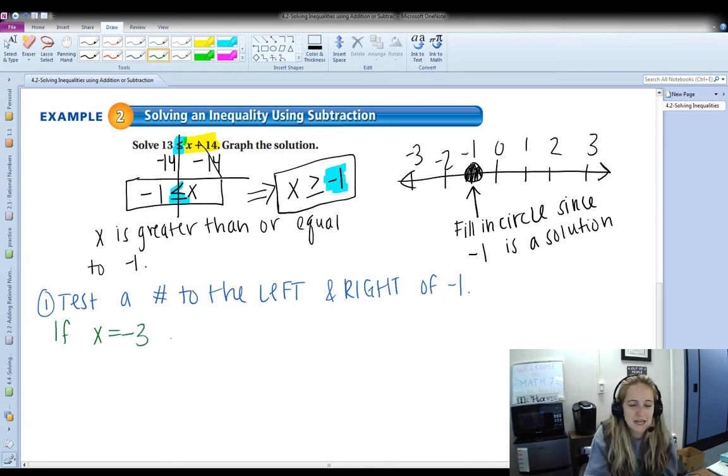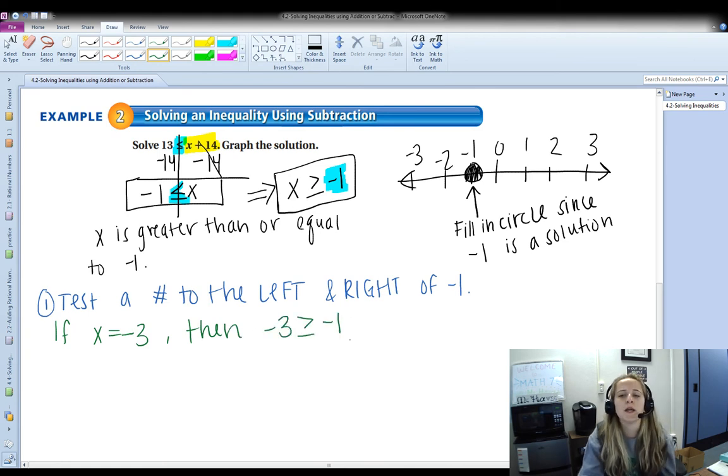So if x equals negative 3, then we plug in negative 3 for the x. Negative 3 is greater than or equal to negative 1. Okay, think about this. Is negative 3, so a bigger negative number, greater than or equal to negative 1? Is that greater than? No, that's less than, okay? That's also to the left of it. So that's less than, okay? So that's a no-go. And that's to the left.